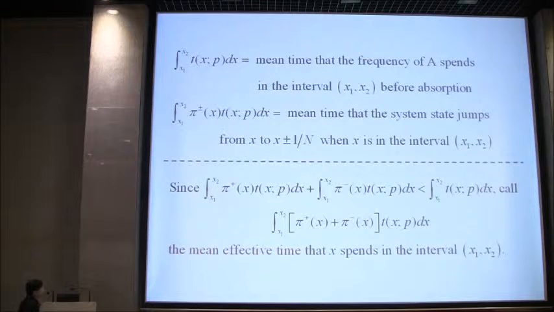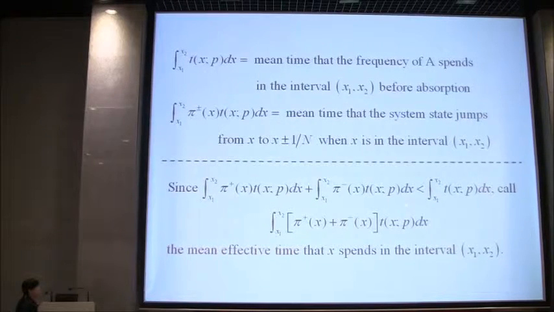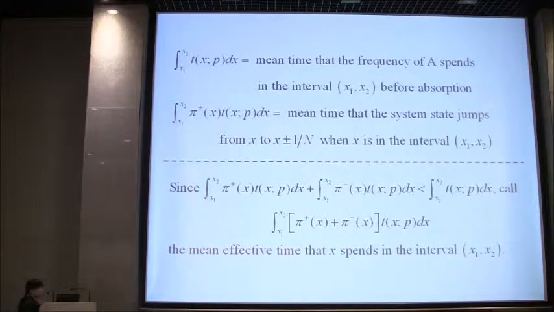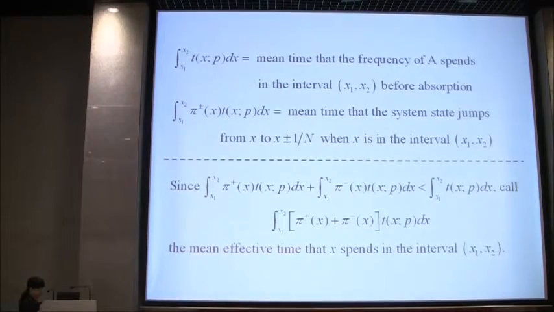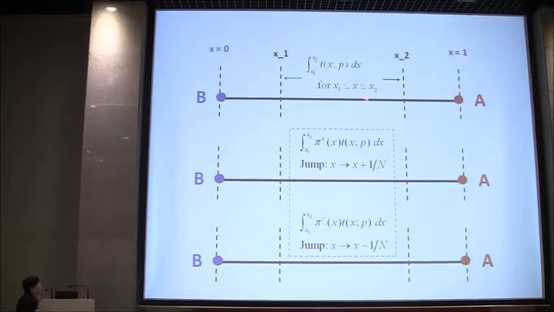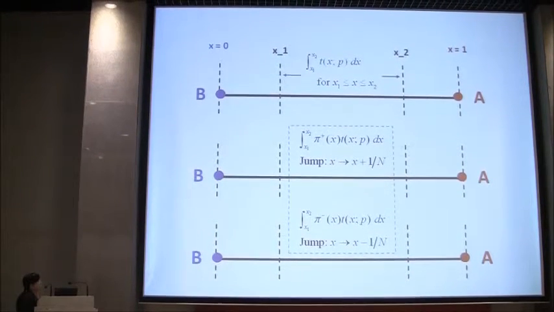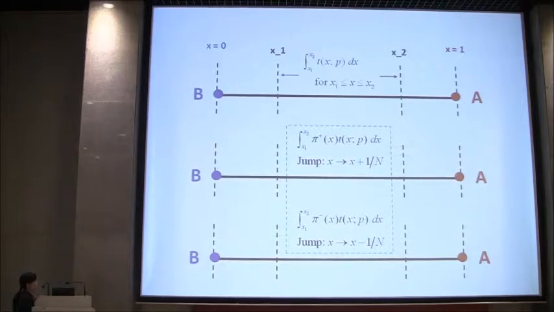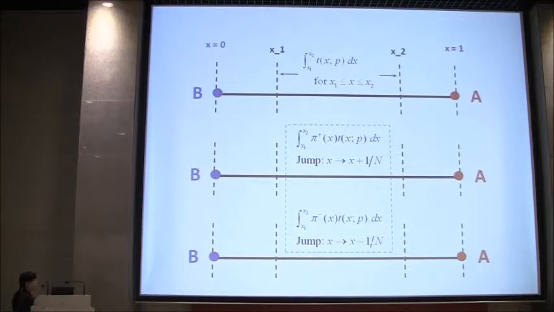So we call this expression the mean effective time that x spends in the interval x1, x2. That means the time the state of the system is changed. This is the mean effective time, the jump from x to x minus 1 over n.